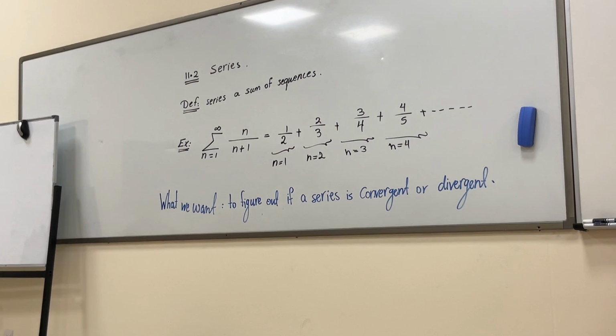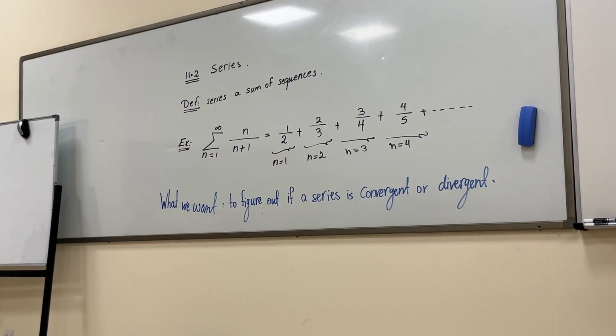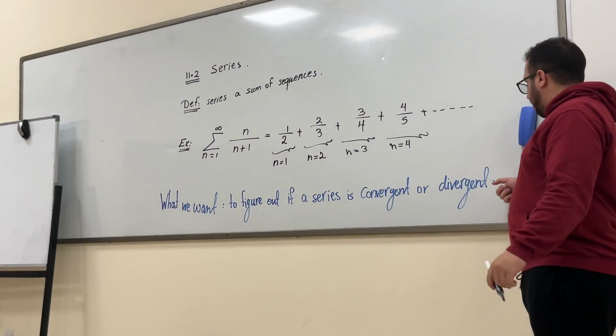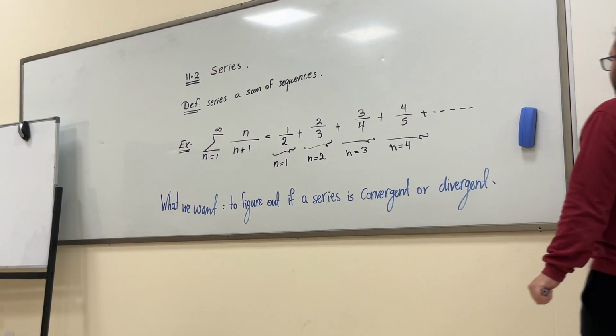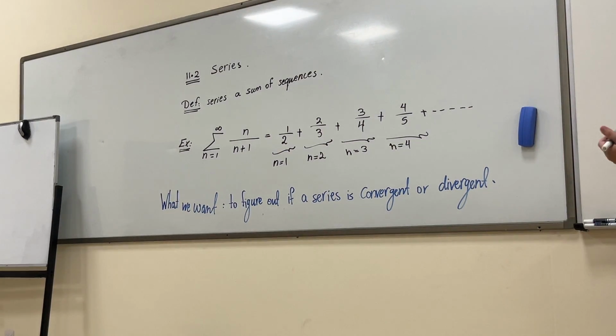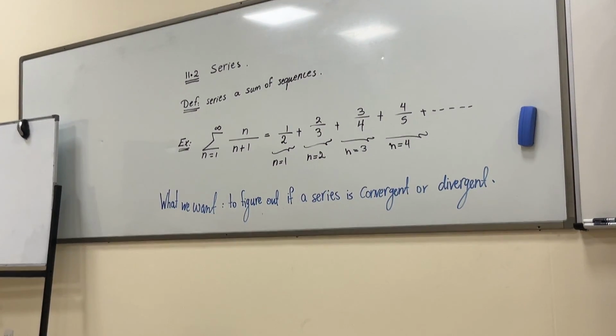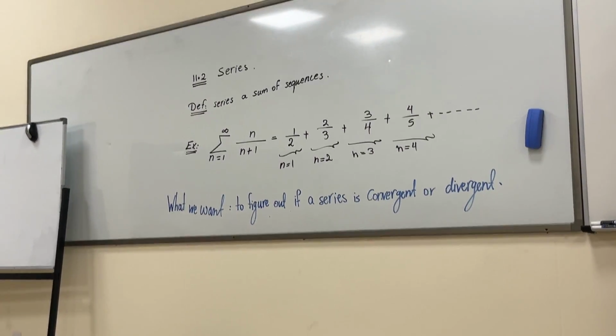You know the convergence, divergence? The same thing as in improper integration. What does convergent mean? A finite number, and divergent means plus or minus infinity. Okay? Alright. So let me show you the big picture here.